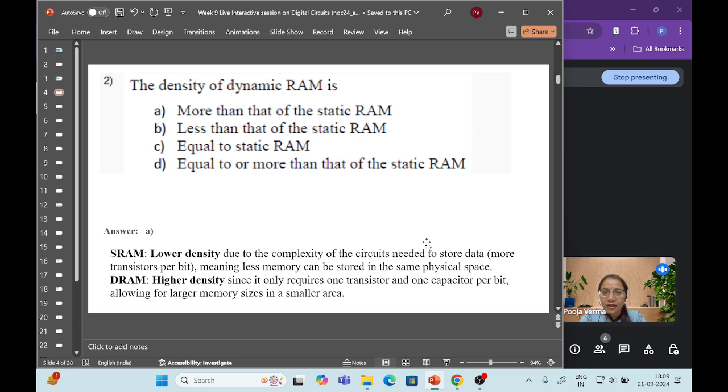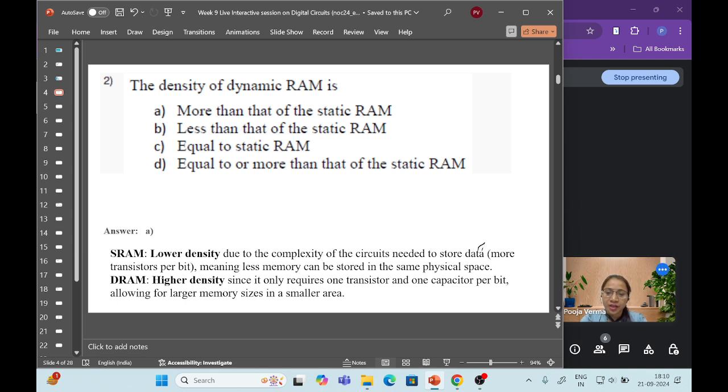So the density of the dynamic RAM is more than that of the static RAM. The reason, as given, is that SRAM has a lower density due to the complexity of the circuit needed to store data, with more transistors per bit. Static RAM needs approximately 6 transistors per bit.